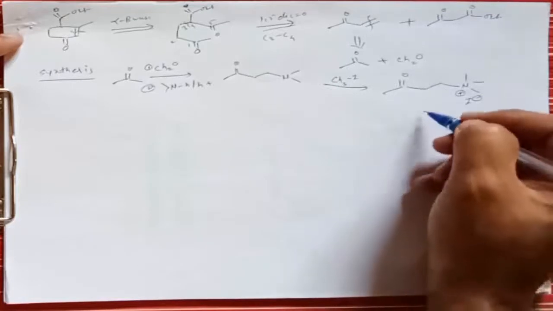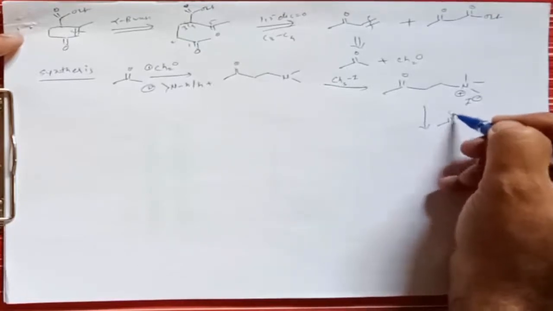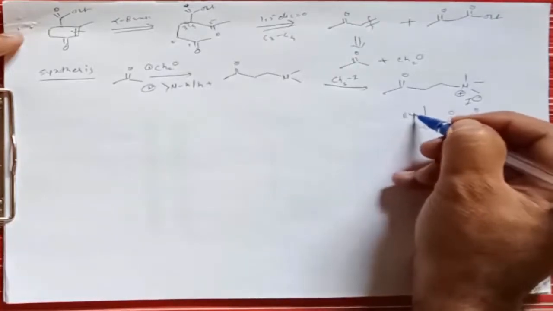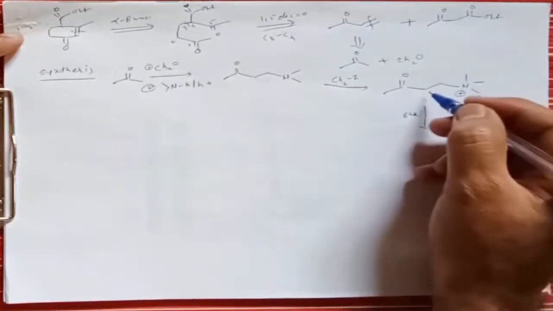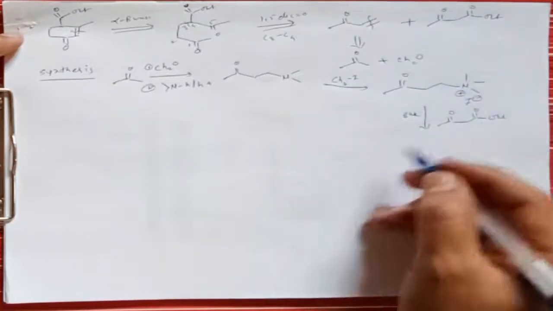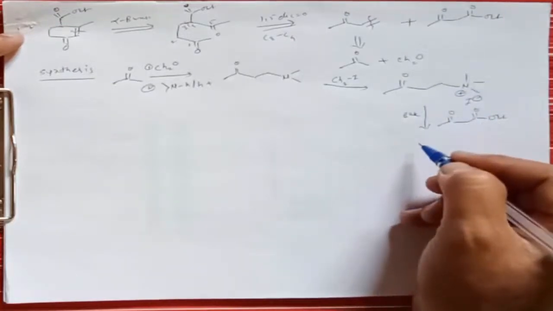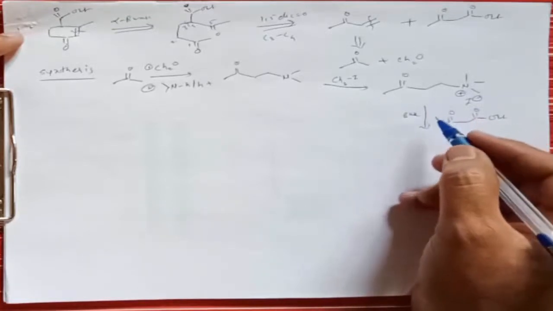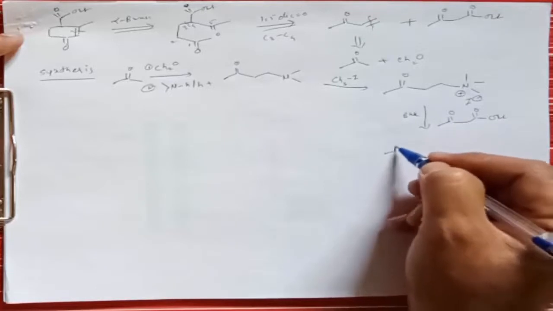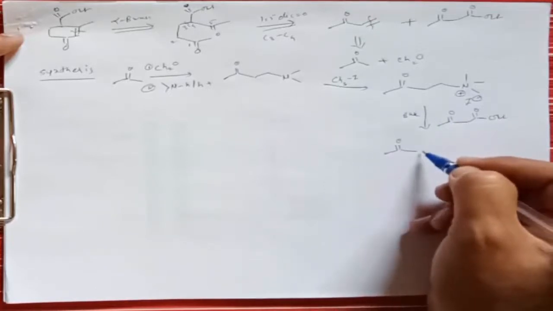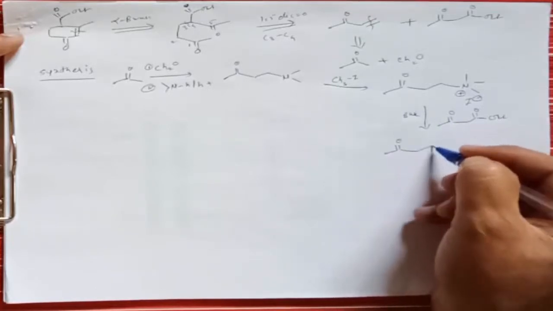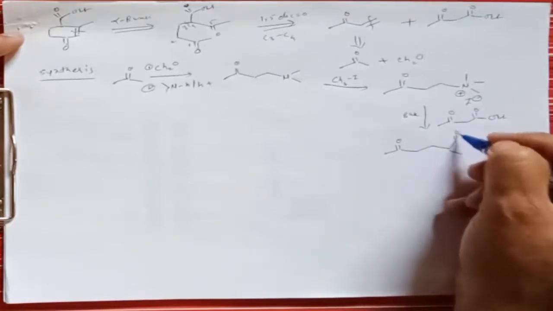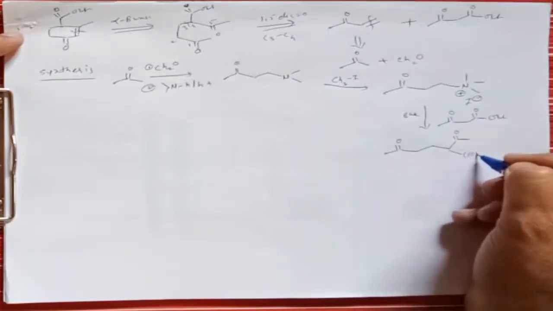And now if we treat this compound with this ethyl acetate and a mild base, what does it give? The base will take the proton at this position, it will attack here, and it will remove the quaternary ammonium salt from the reaction, and after that it gives formation of a compound like that is CH3 C double bond O, then CH2, and then here is a CH3, and then COCH3 and COOEt, right?